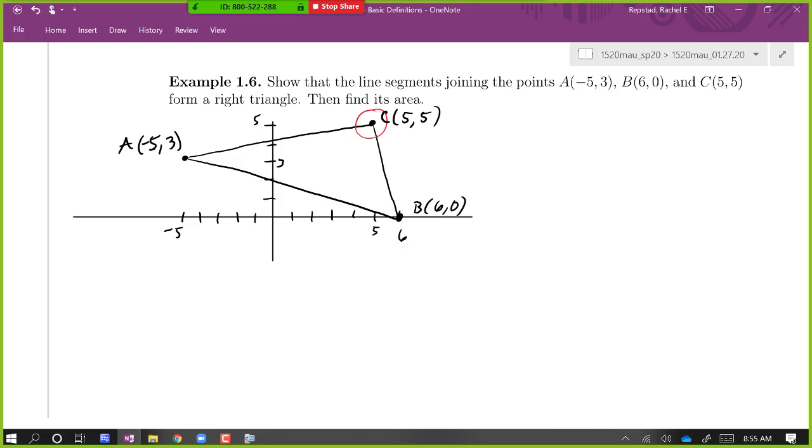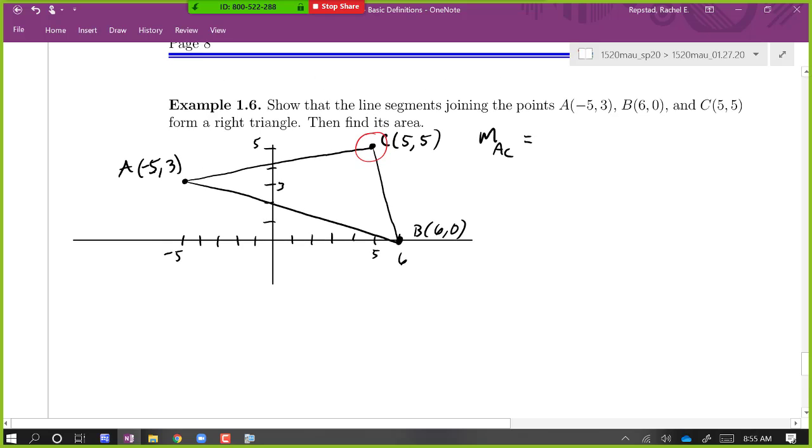So let's find those 2 slopes. So the slope for the line segment AC, y2 minus y1. I'll call point C the x2, y2, and point A will be x1, y1.